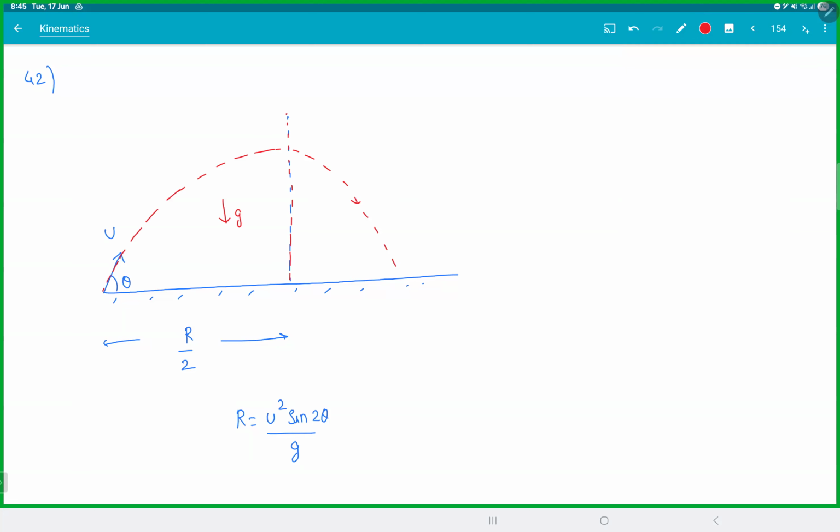It won't go in your regular projectile motion anymore. And let's say it falls somewhere here. So it falls x on the other side of the boundary. Find x. The particle is projected with u at an angle theta.